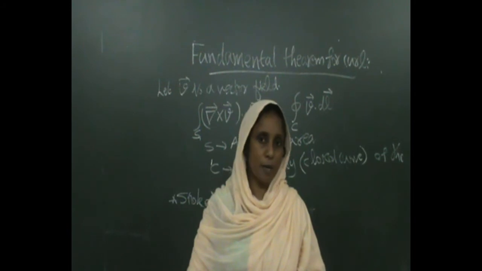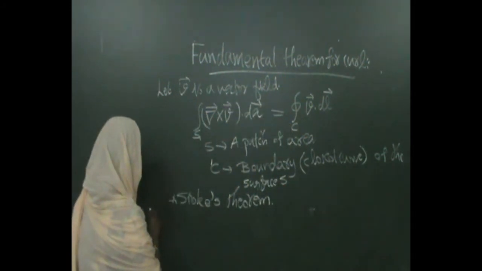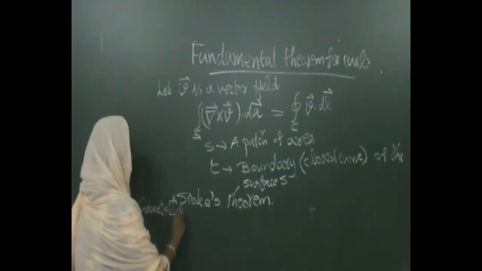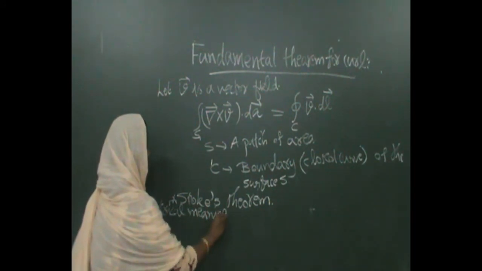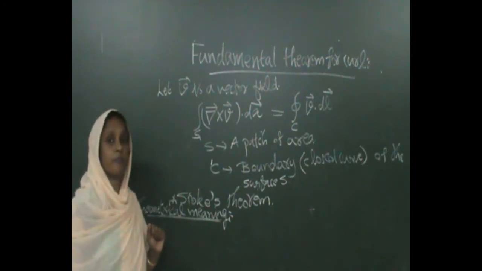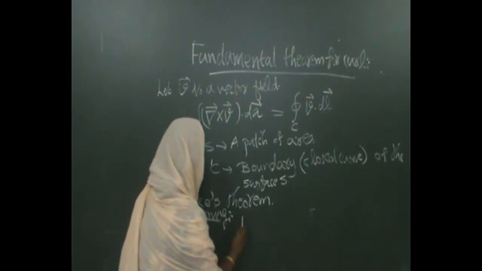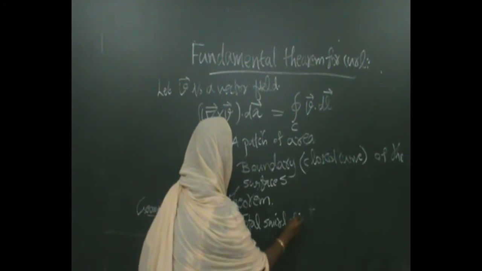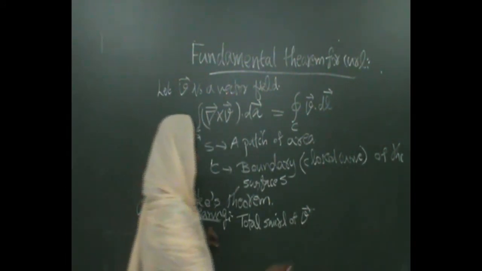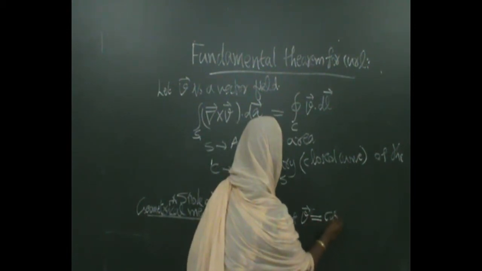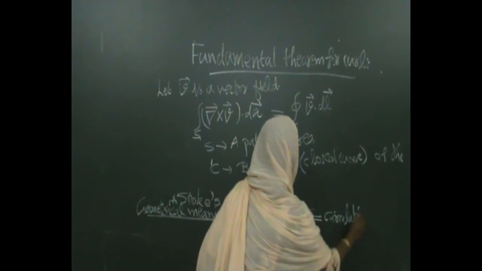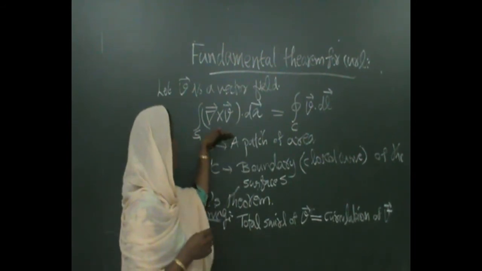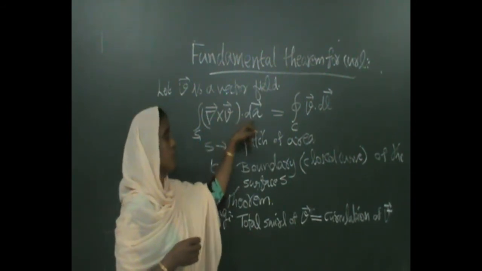Geometrical meaning of the fundamental theorem. The LHS represents the total swirl of the vector V, and this must be equal to the circulation of vector V. The total swirl is given by this LHS, the surface integral of del cross V dot dA.